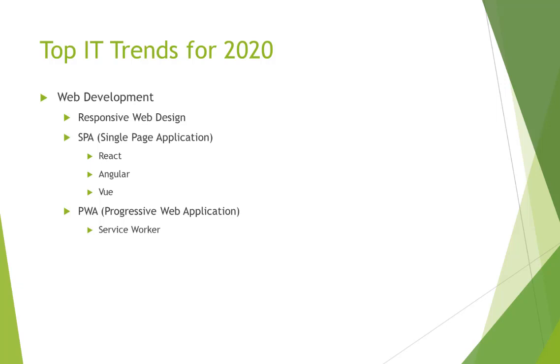So you don't feel like you don't have an internet connection. That's called a progressive web application, PWA. So if you know what responsive web design, SPA, and PWA are, you're definitely on the market, you're on the trend. You understand what the trending will be, right? So that's about web development.